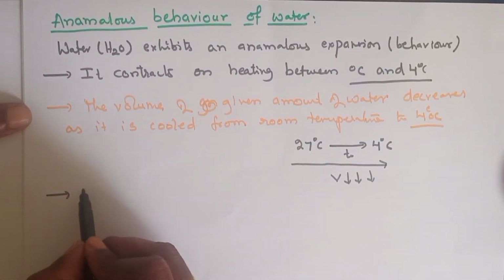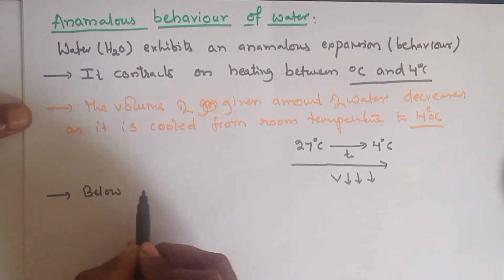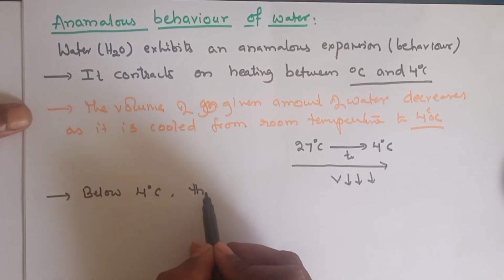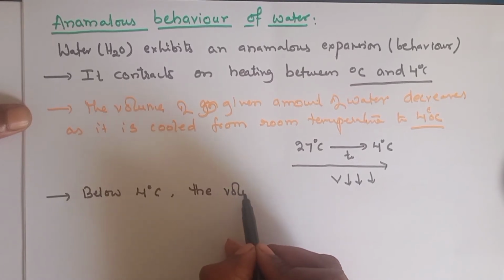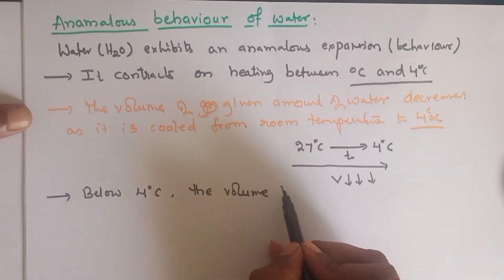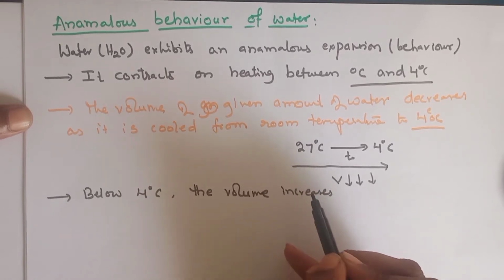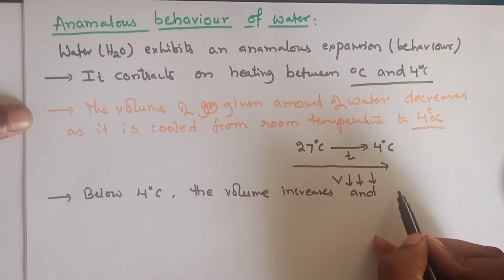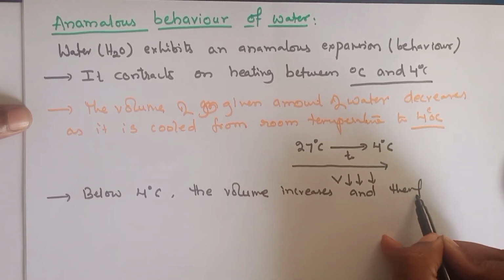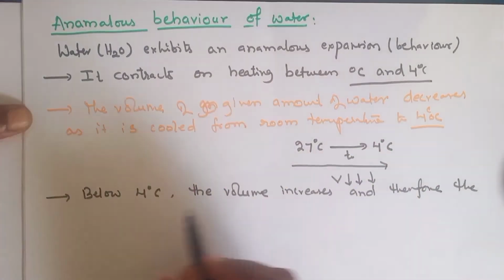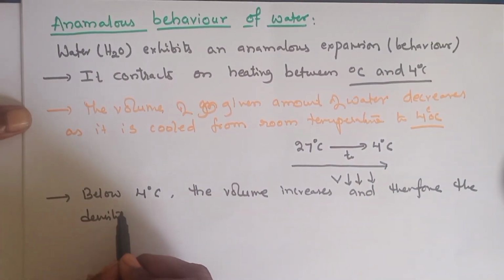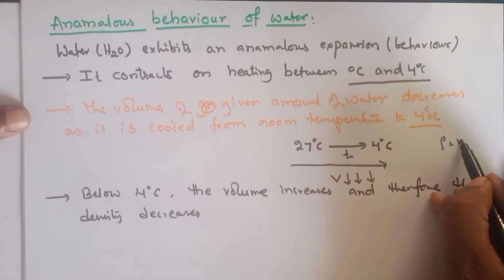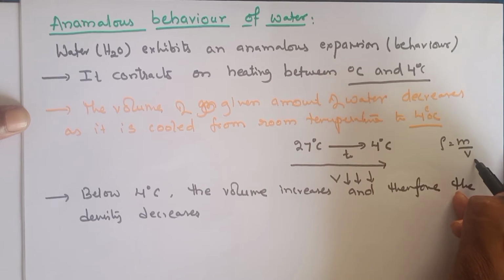Now coming to below 4 degrees centigrade, what happens? Below 4 degrees centigrade, instead of decreasing, the volume increases. This is anomalous behavior. When volume is increased, density decreases, because density is equal to mass by volume.